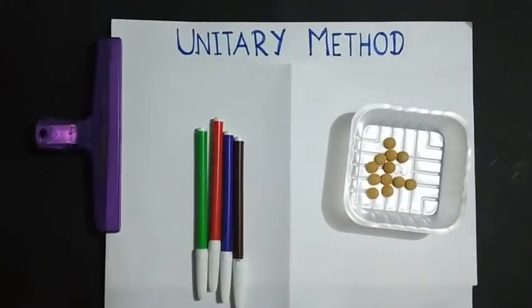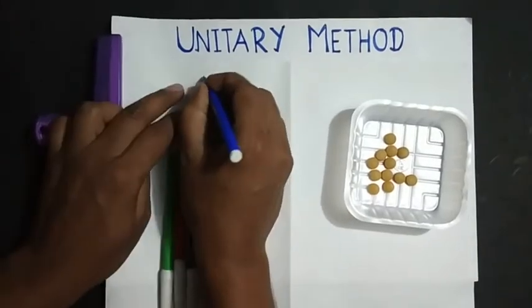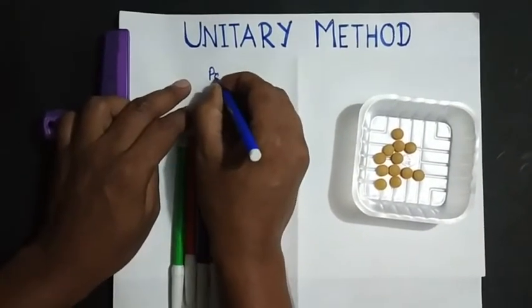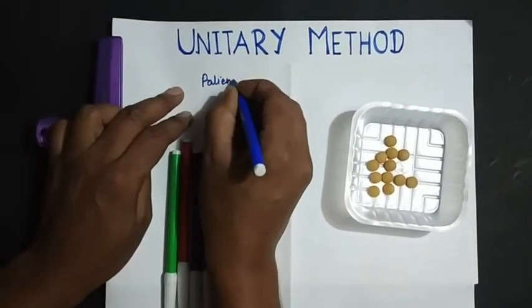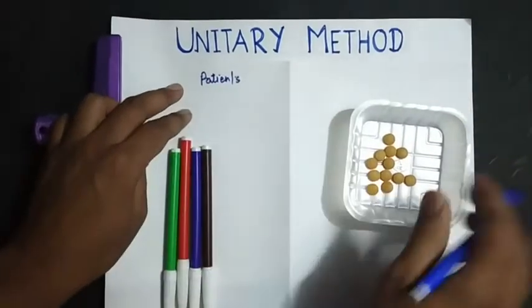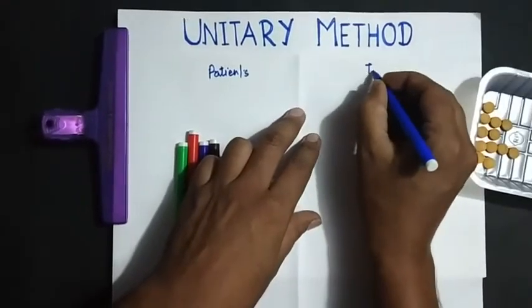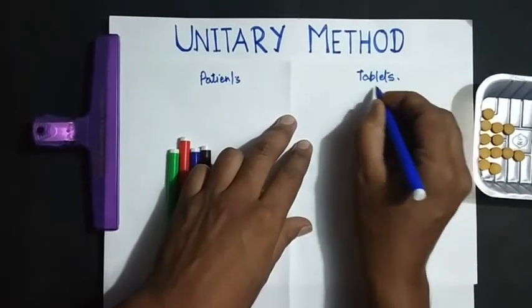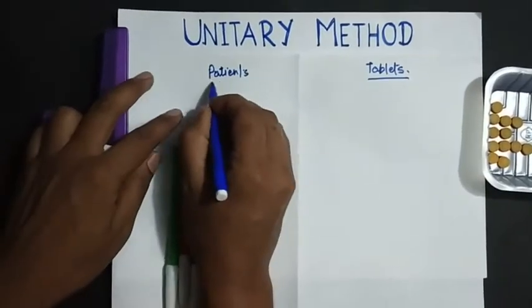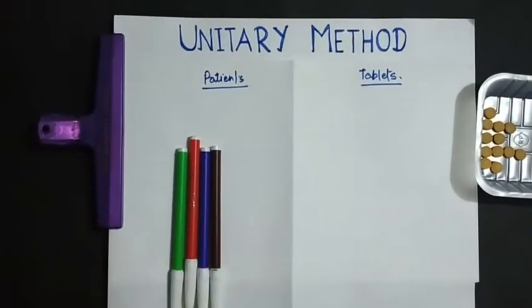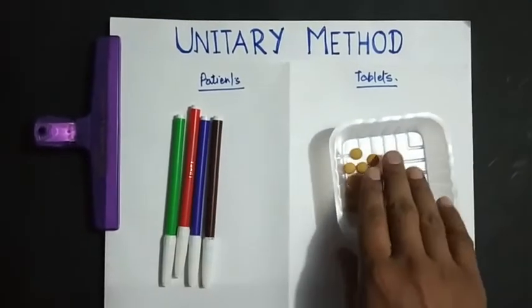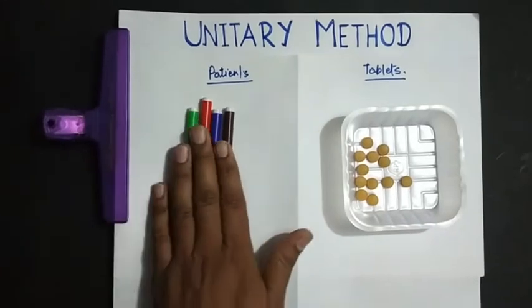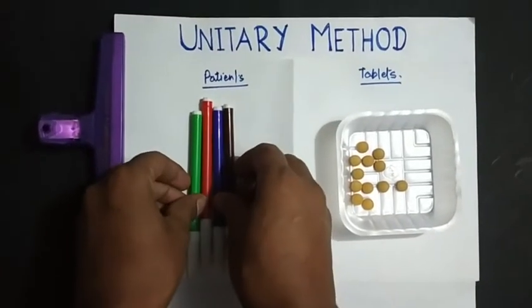So here we can write: pens are the patients and these are the tablets. First of all, we count: there are total 12 tablets and 4 patients.